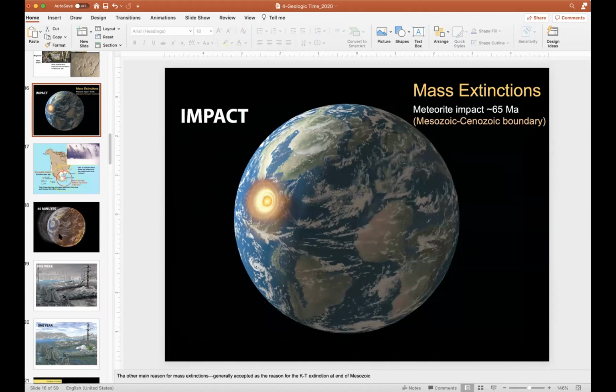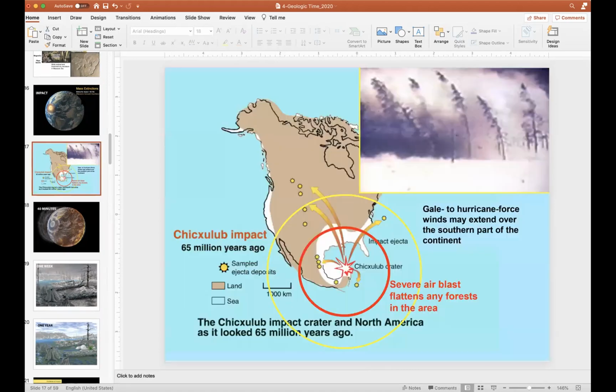This had an immediate impact on life on Earth. There were probably hurricane force winds that spread across North and South America, at least the southern part of North America and the northern part of South America, those places around the Yucatan Peninsula.